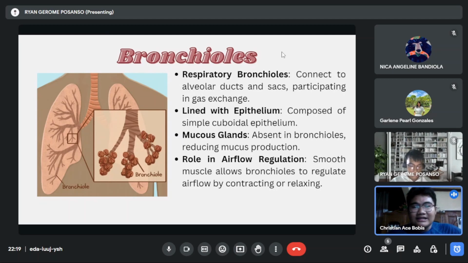And more, it is composed of simple cuboidal epithelium. It also lacks mucous glands. Forgive me, the mucus glands are absent in the bronchioles, which reduces mucus production. And lastly, the role in airflow regulation. The smooth muscle allows the bronchioles to regulate airflow by contracting or relaxing. That is the end of my part.